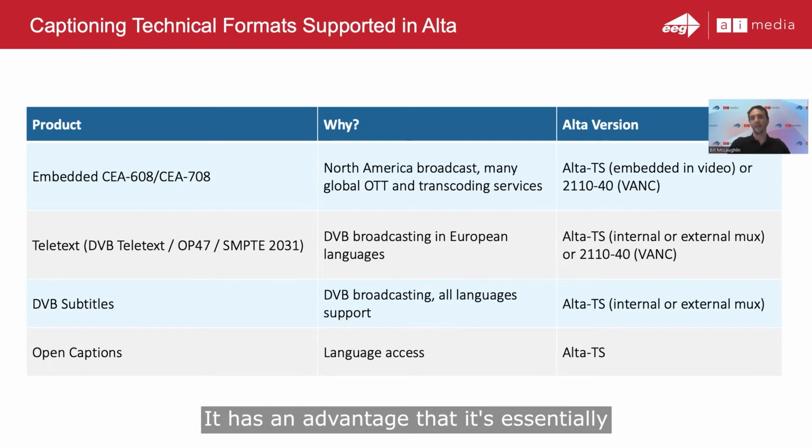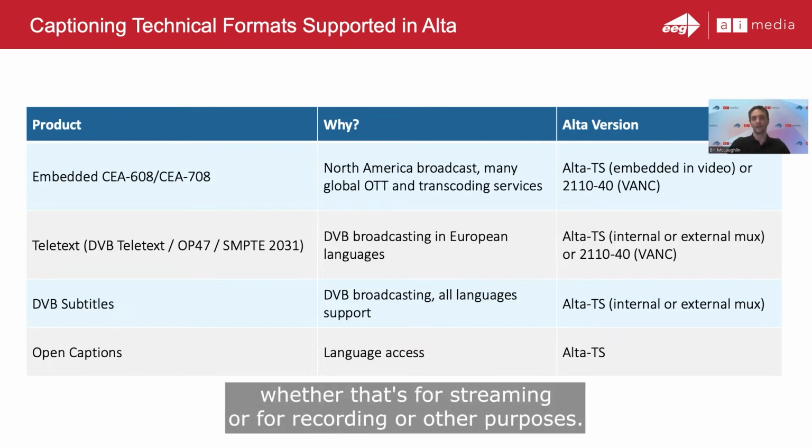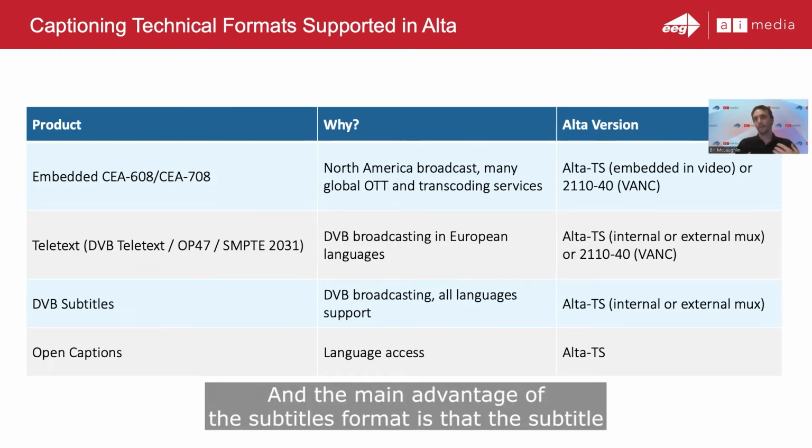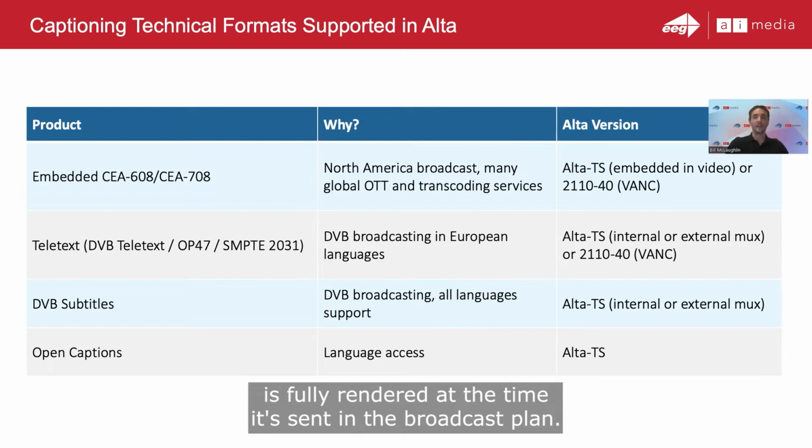It has an advantage that it's very easy to convert into other formats, whether that's for streaming, recording, or other purposes. There is also the DVB subtitles format, and the main advantage of the subtitles format is that the subtitle is fully rendered at the time it's sent in the broadcast plant.